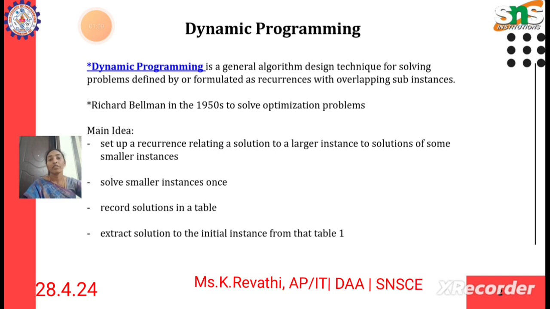After that, you have to find the solution to the initial instance from the table which you constructed for the given problem statement. These are all the main ideas behind the dynamic programming construction of the given problem statement.